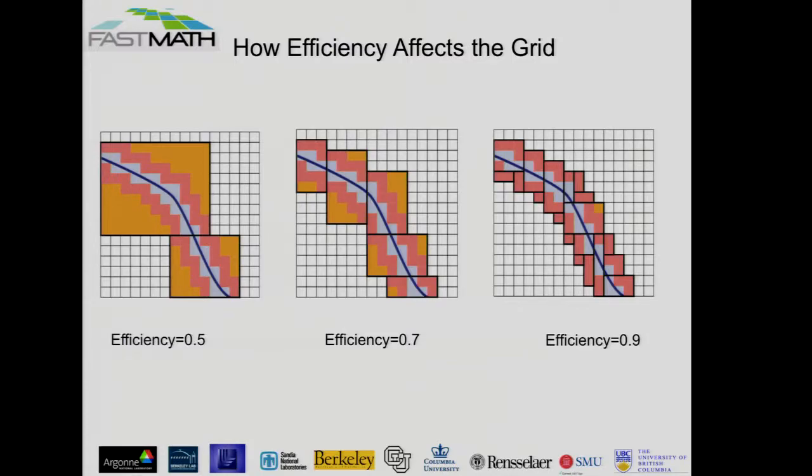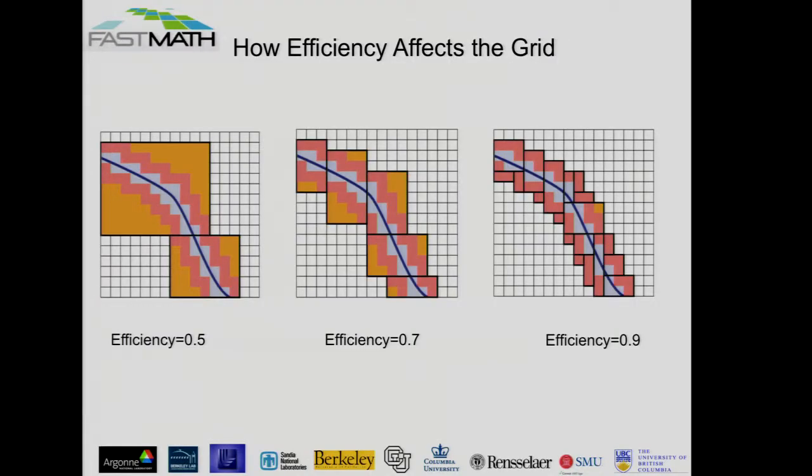But the attendant complexity is that the process of regridding can become much more expensive, because it's really trying to optimize, and it can take much longer. So that's the trade-off that applications have to work with, and this is one of the parameters that applications can absolutely determine.